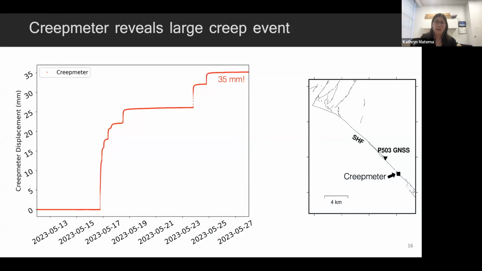For a bit of geographic context, the creep meter is located somewhere on the southern part of the Superstition Hills Fault, and the whole fault is 20 to 25 kilometers long. So the creep meter is here, and initially around the 17th of May, it shows a pretty large creep event. Relative to other creep events that have been seen at this creep meter before, this is one of the larger ones.